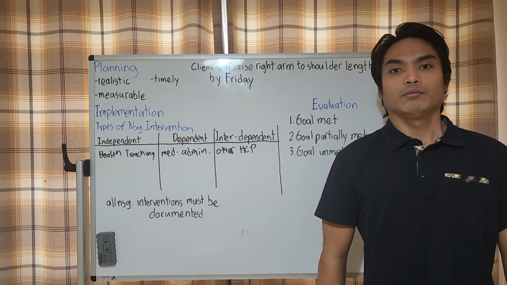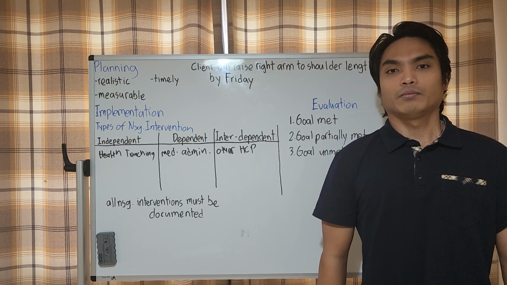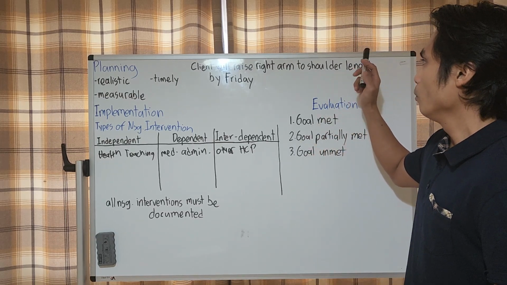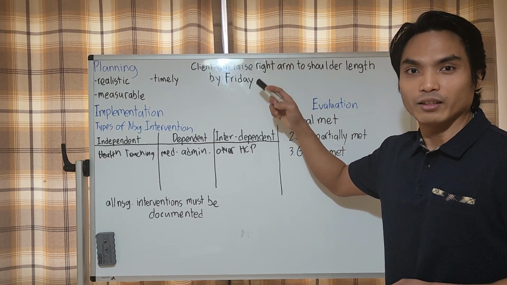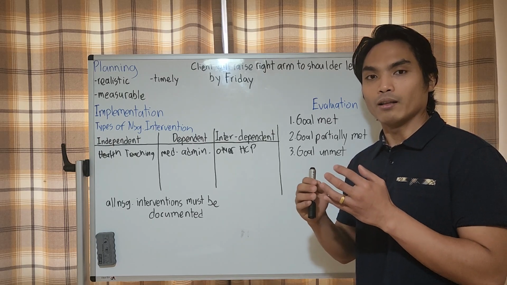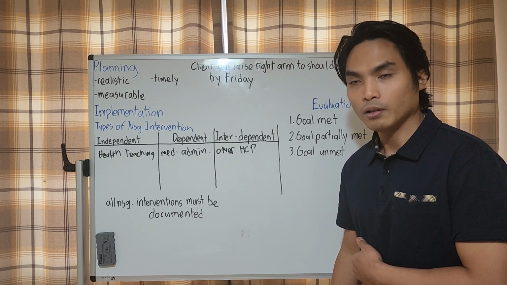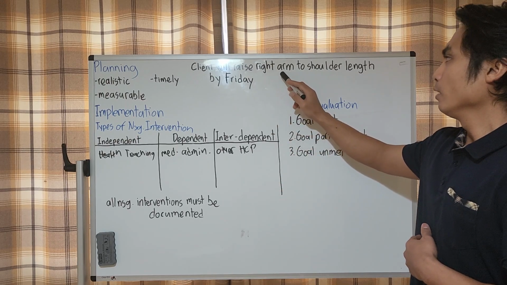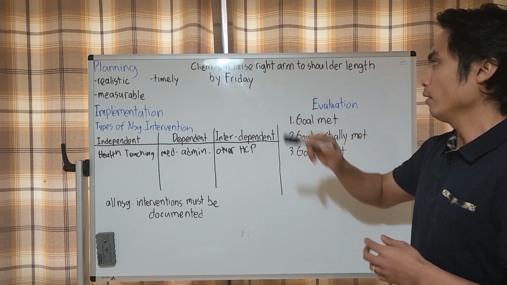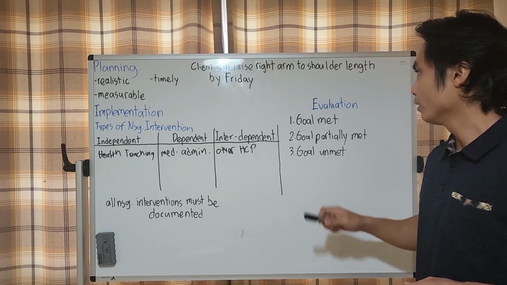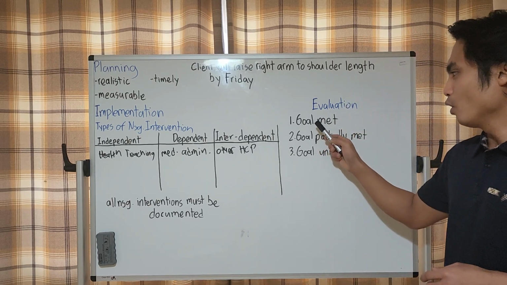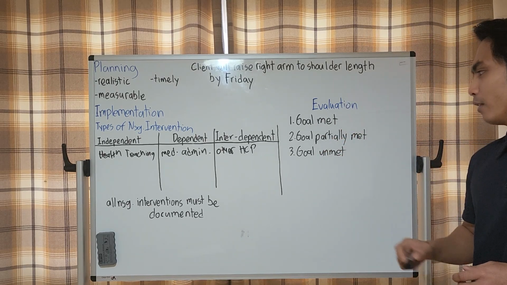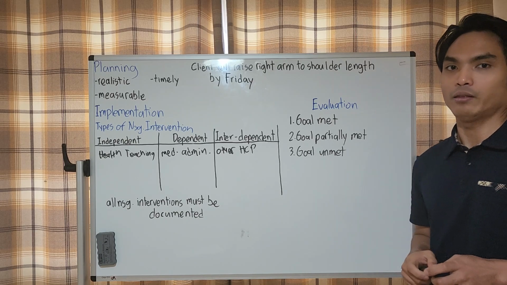So again, we need to modify the nursing care plan. Maybe we need to add some painkillers, some analgesia before we start our goal here. So that is evaluation. Goal met, goal partially met, and goal unmet.